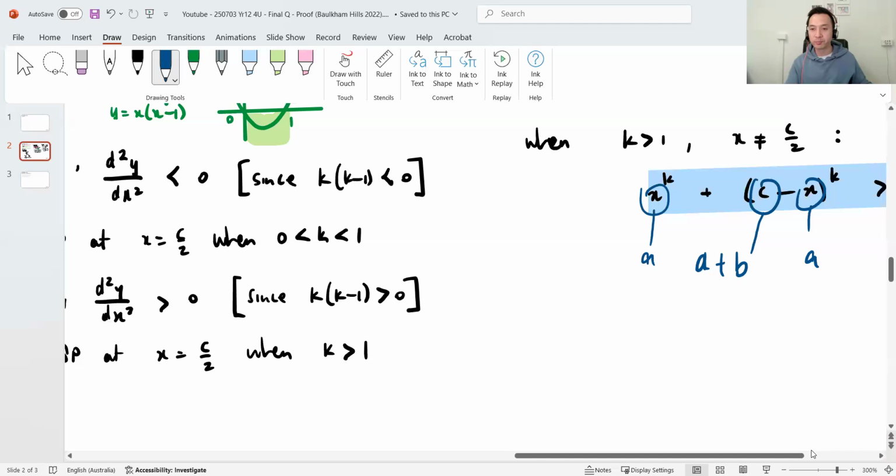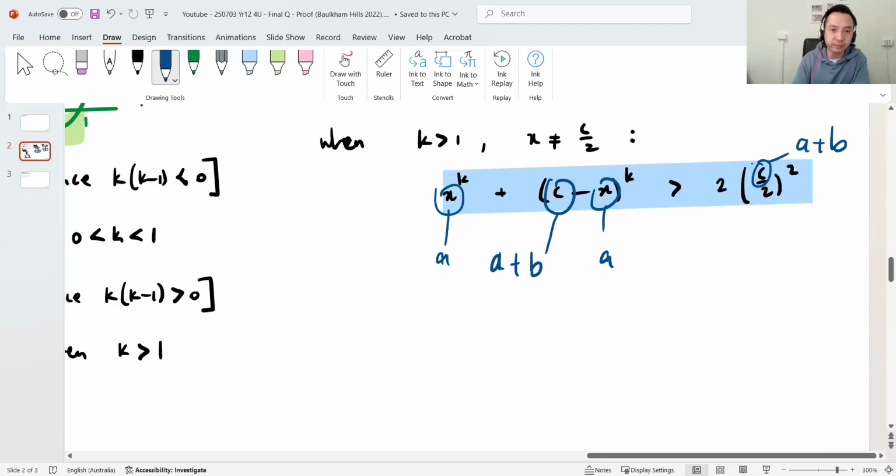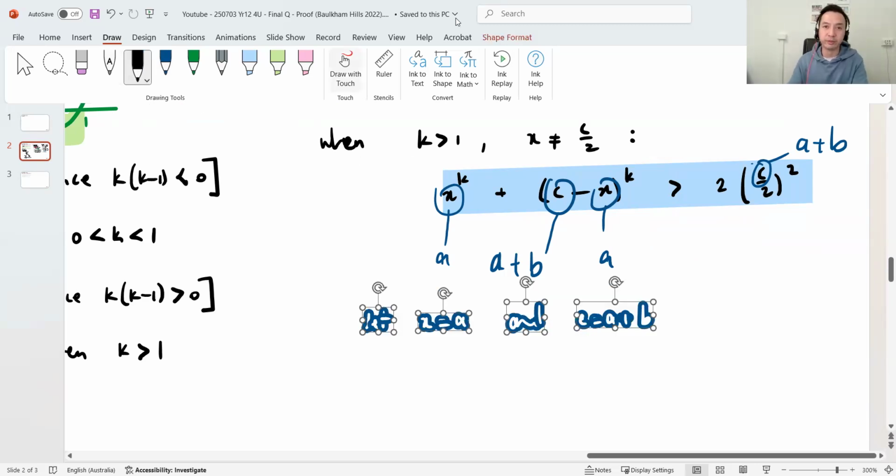Let's have a look. So let x equal A and c equal A plus B. That's the key. I want to do it in black.